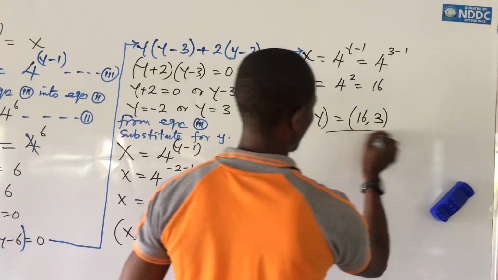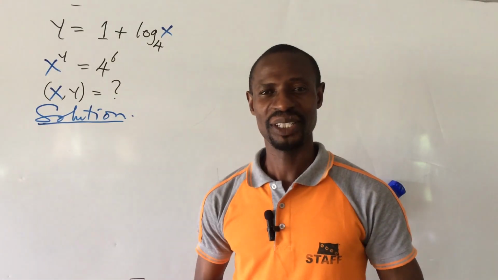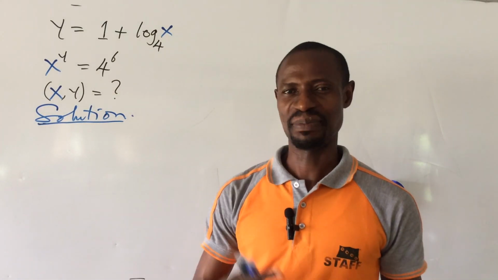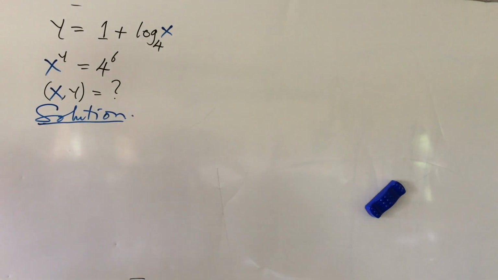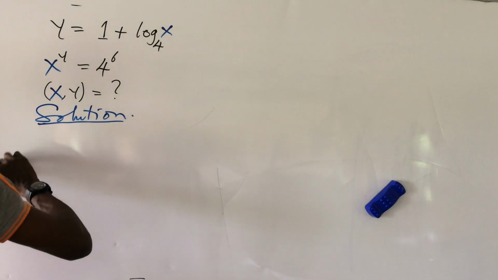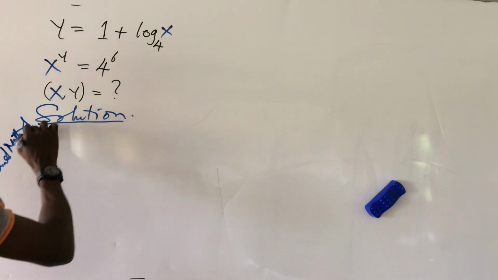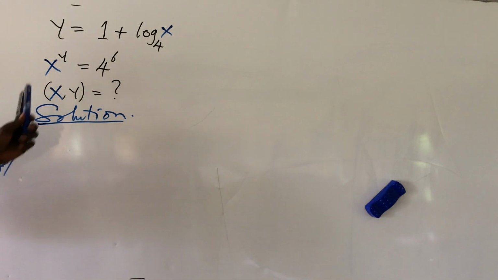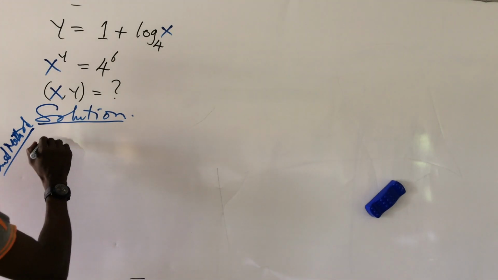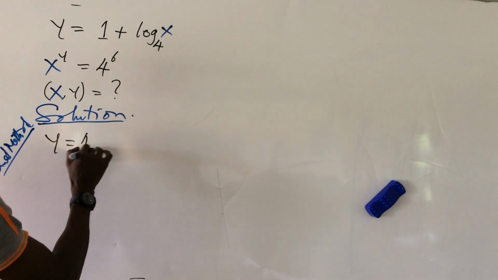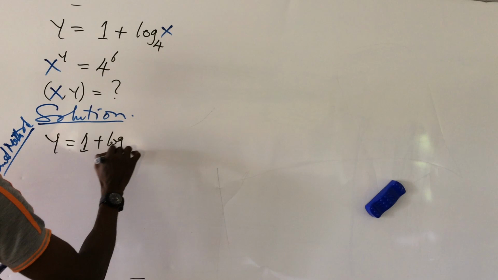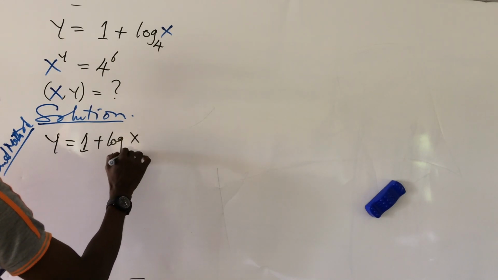All right. So let's take the second method and see the one that is better. Second method. We put down our equation again. We have here y equal to 1 plus log x base 4.